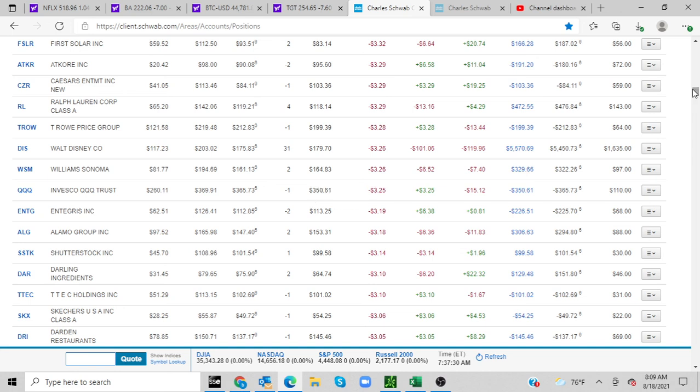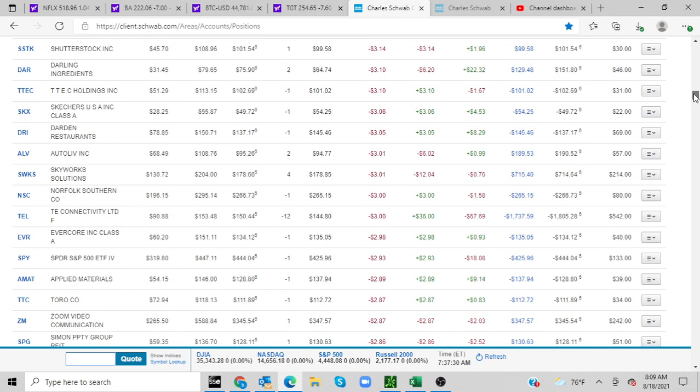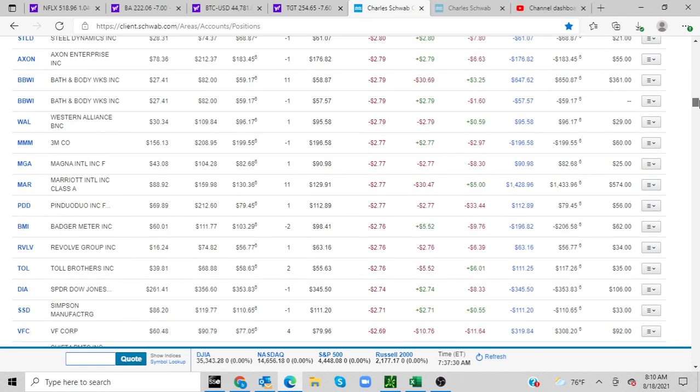Moves very slowly, actually. Same thing for SPY. It's a turtle. Doesn't move as fast. But you get the idea.